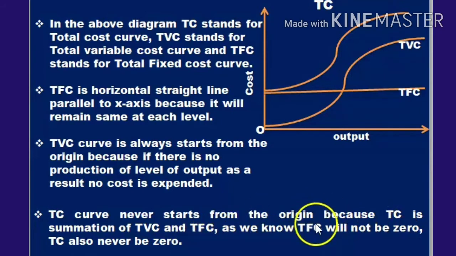As we know, TFC will not be 0, so TC will never be 0. For TFC, the total fixed cost, we have to pay something for the fixed factors, so it will not be 0.